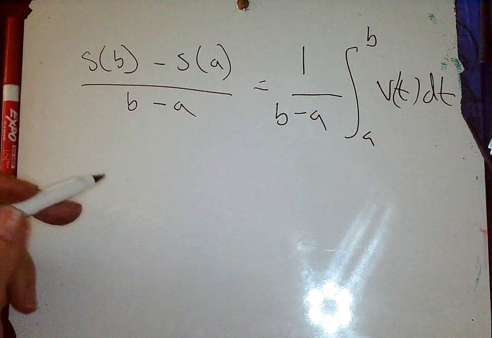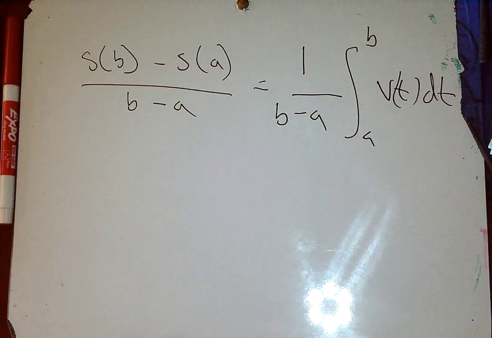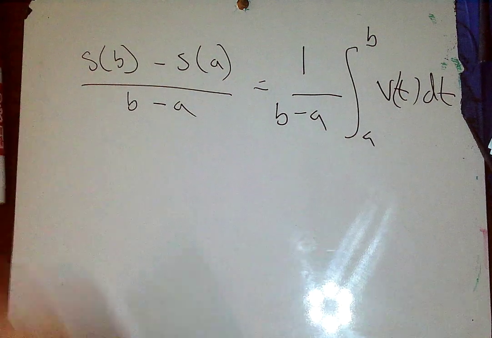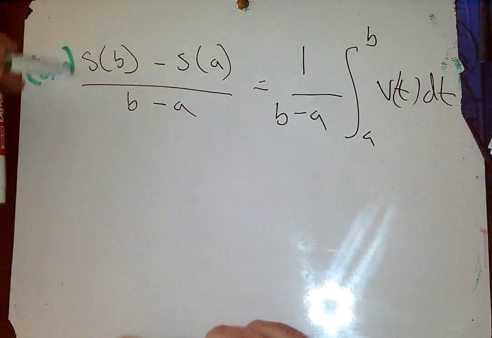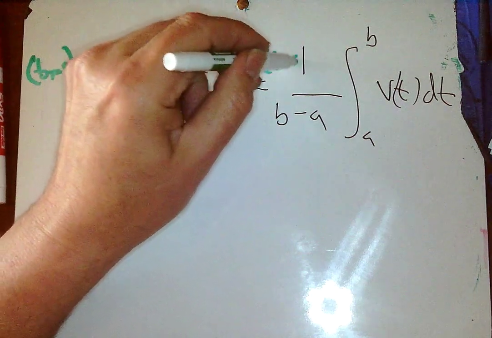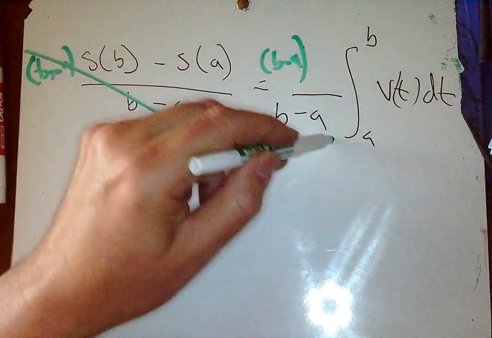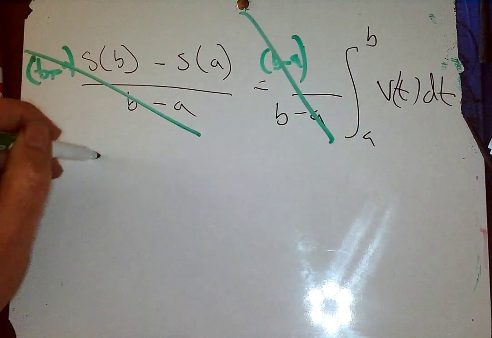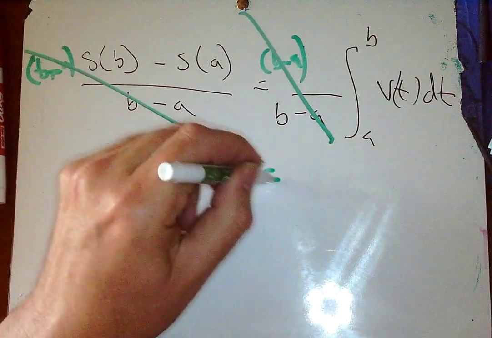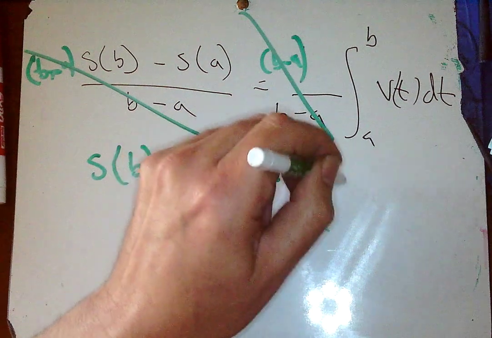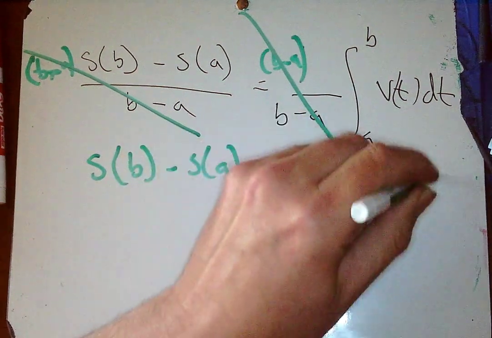Now, look what happens if we multiply both sides of this equation by B minus A. Well, those cancel and those cancel. And so now I'm looking at S of B minus S of A equals the integral from A to B of V of t dt.